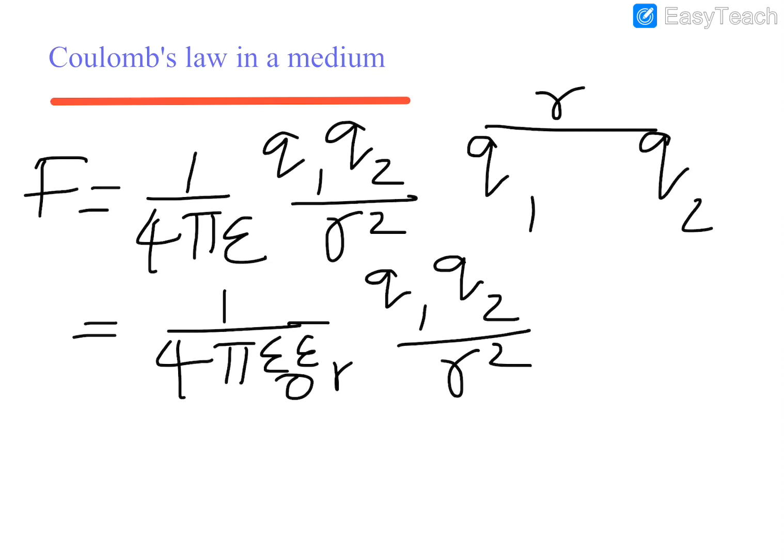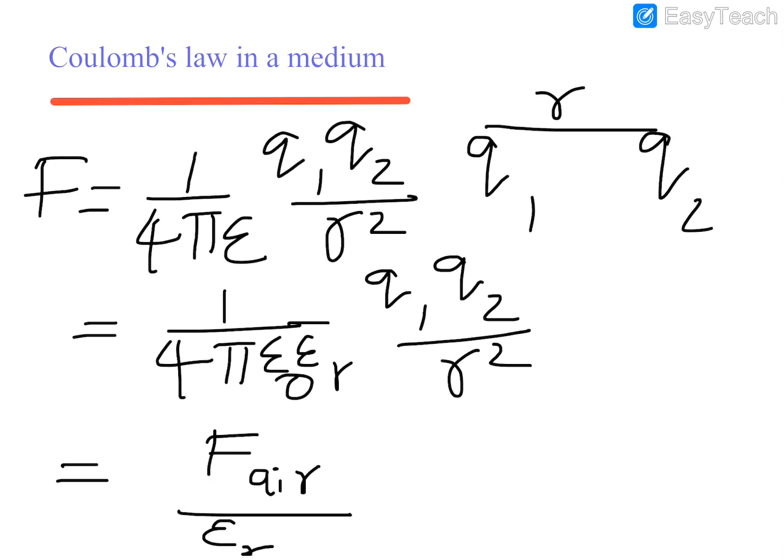Okay, so this you can rewrite as F air, the electrostatic force in air, divided by the only remaining term, epsilon r.